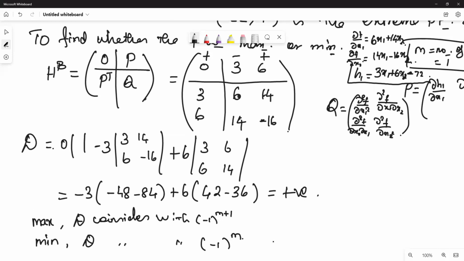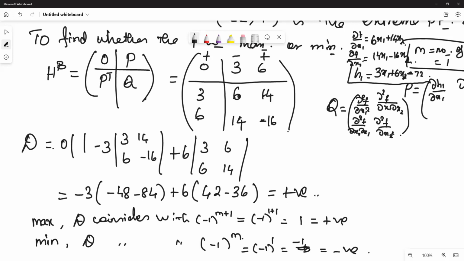The number of constraints. Here, what is m? 1. Let us check the sign of (−1)^(m+1). So (−1)^2 is positive, and (−1)^1 is negative.